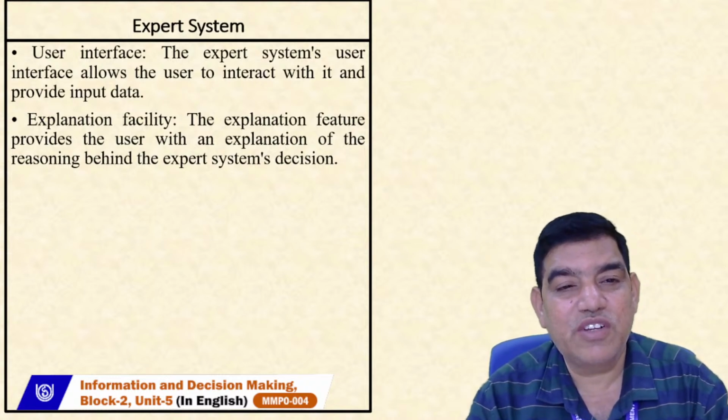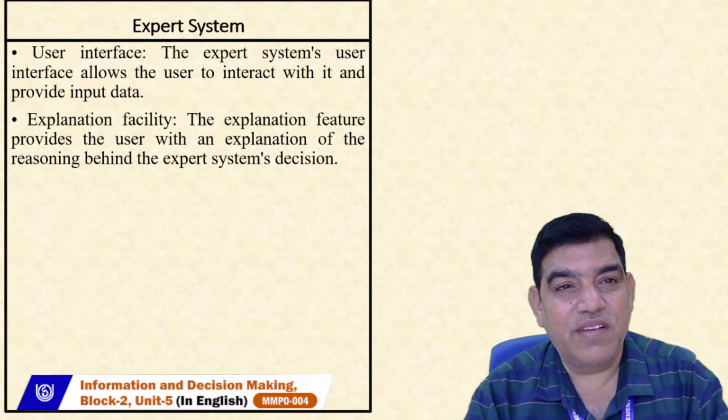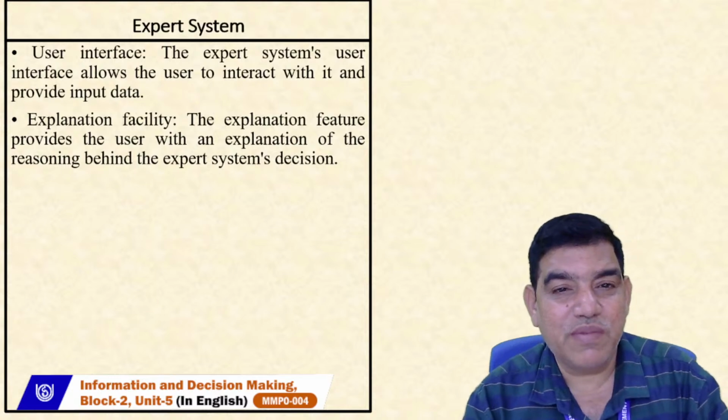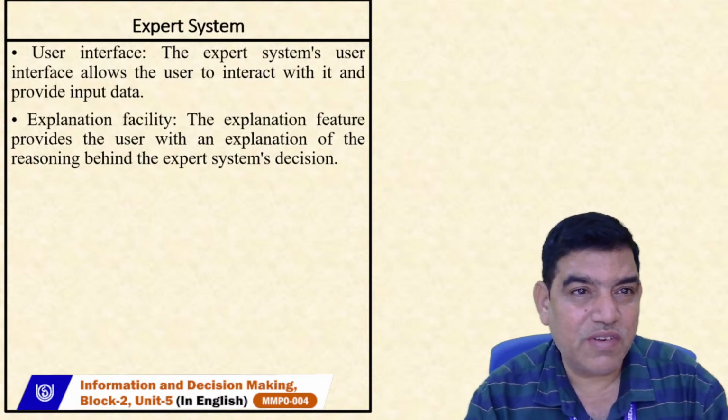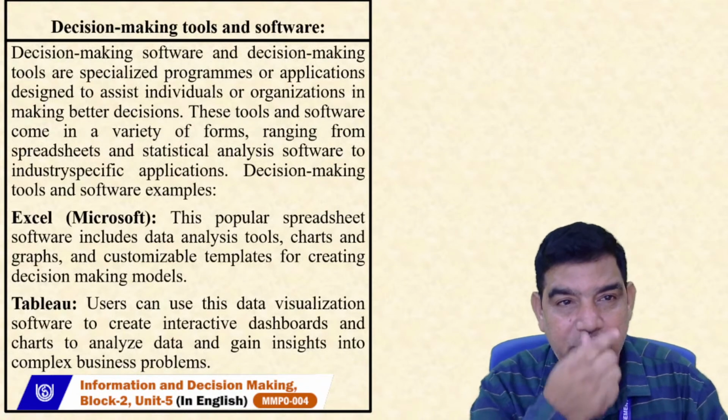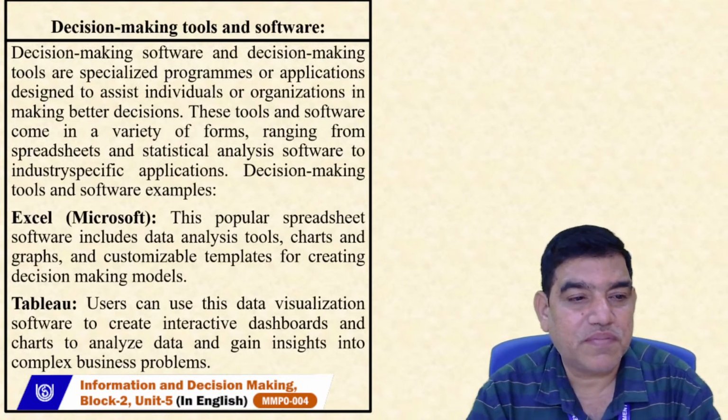Similarly, in every organization, highly skilled people develop one model, and that model is useful for our decision making process. That is not the expert system. Decision making tools and software.